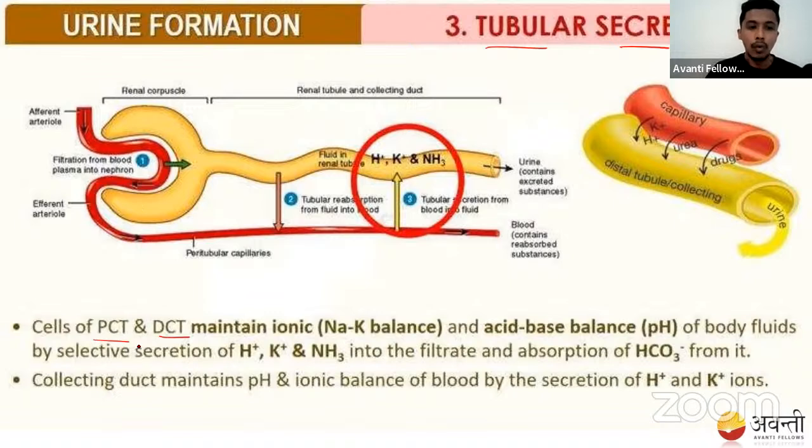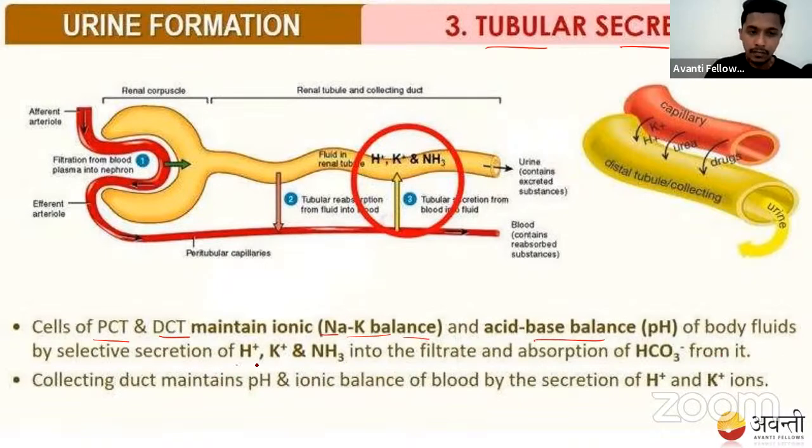So let us see what they do. If you see PCT and DCT, they maintain ionic balance, that is sodium and potassium balance, by secretion of sodium or potassium ions based on the requirements. They also maintain acid-base balance, that is a pH balance. How do they maintain this pH balance?